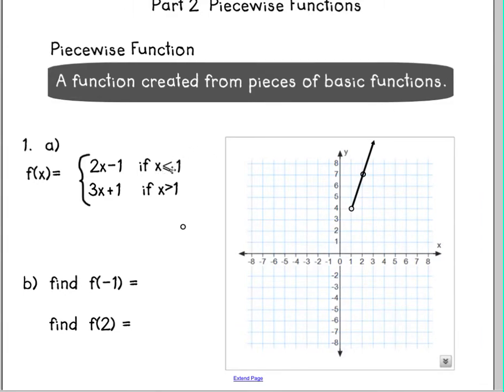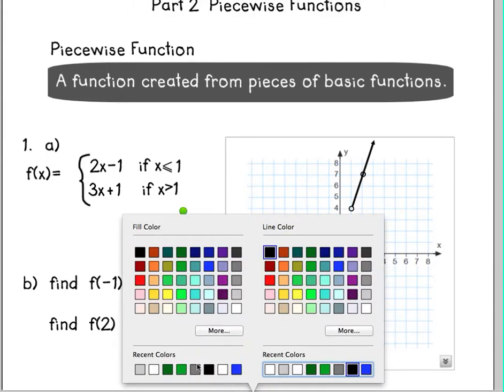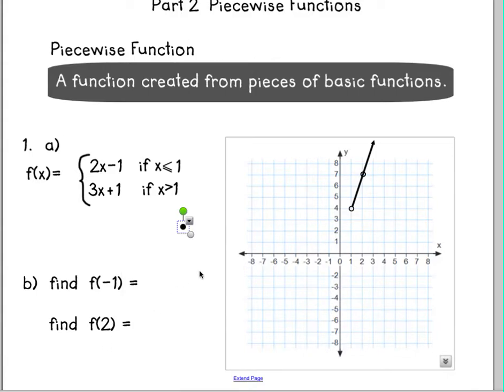So here is where I'm going to start it at 1 and go where my x's are bigger than 1. Now when x is less than or equal to 1, I need this to be filled in. If I start, this one has my y-intercept at -1, so -1 is right about here, and the slope now is 2.